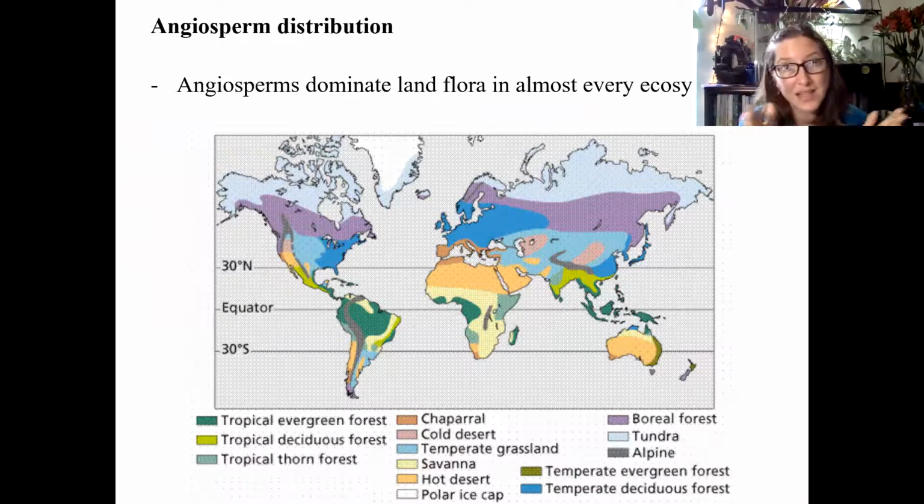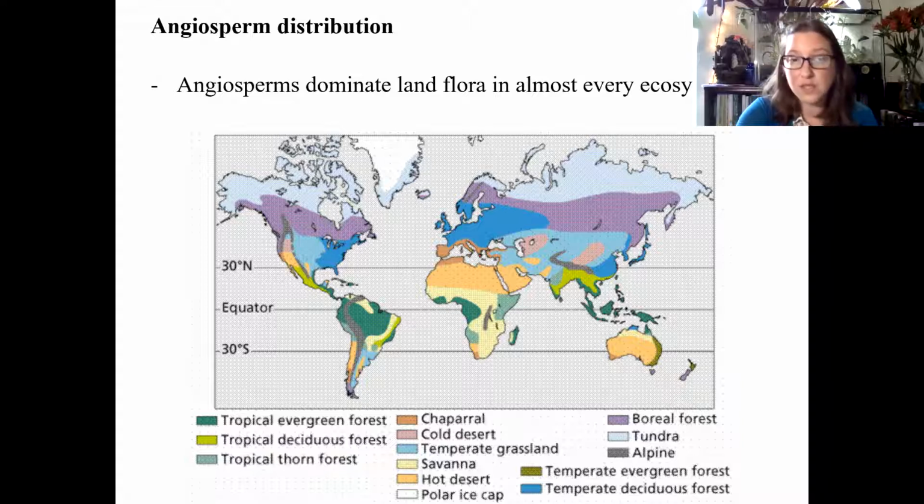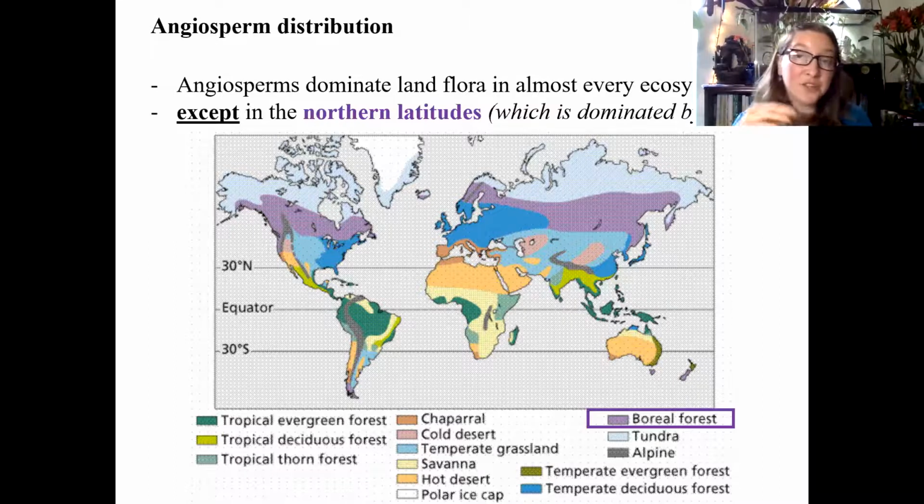So nowadays, angiosperms dominate pretty much every part of the earth. These little different colors here are showing you different types of ecosystems. So angiosperms dominate pretty much everywhere except in those northern latitudes, which are shown here in purple.